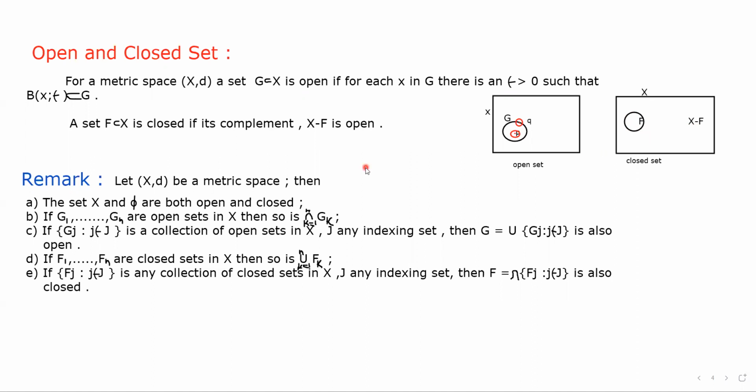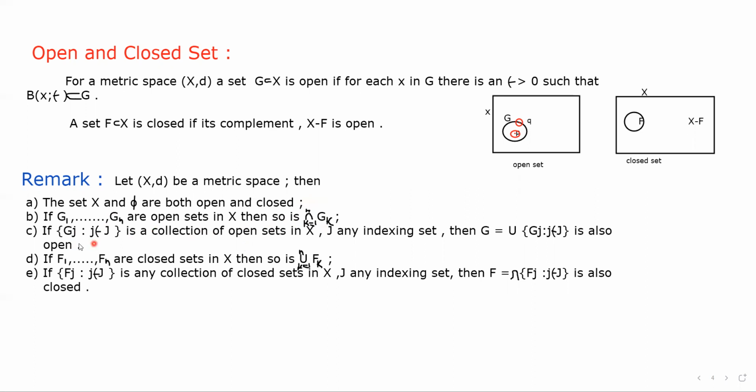Then we will see some remarks. Let X, d be a metric space. Then first, the sets X and phi are both open and closed. Second, if G1, G2, G3 up to Gn are open sets in X, then the intersection of all the open sets Gk is also an open set.